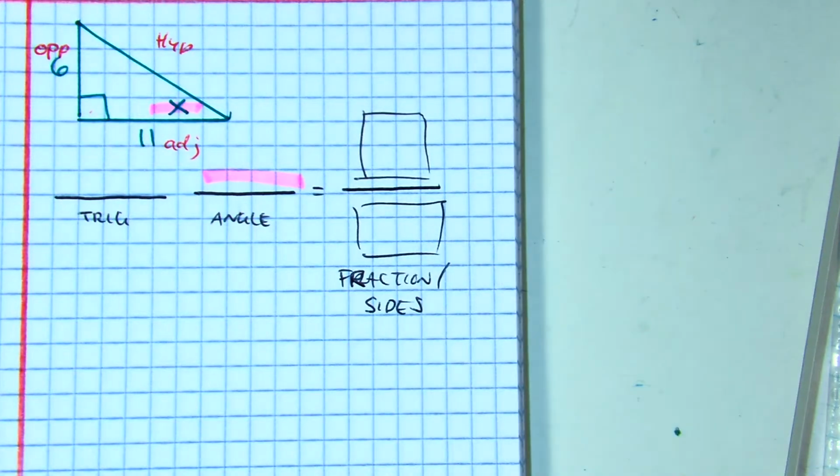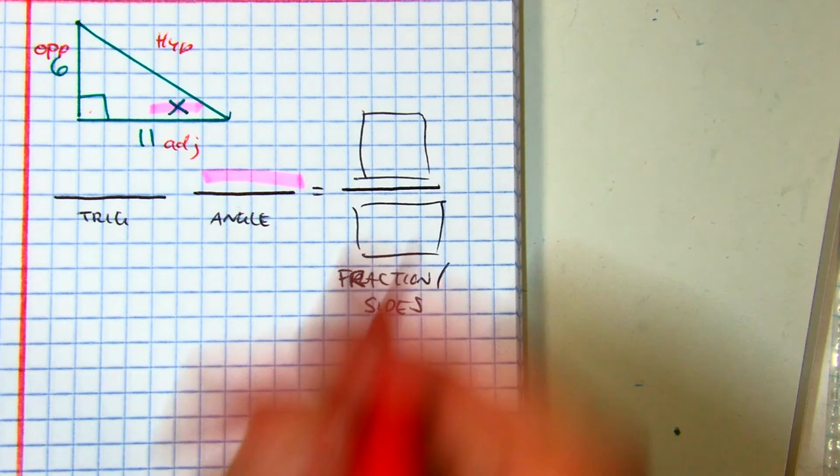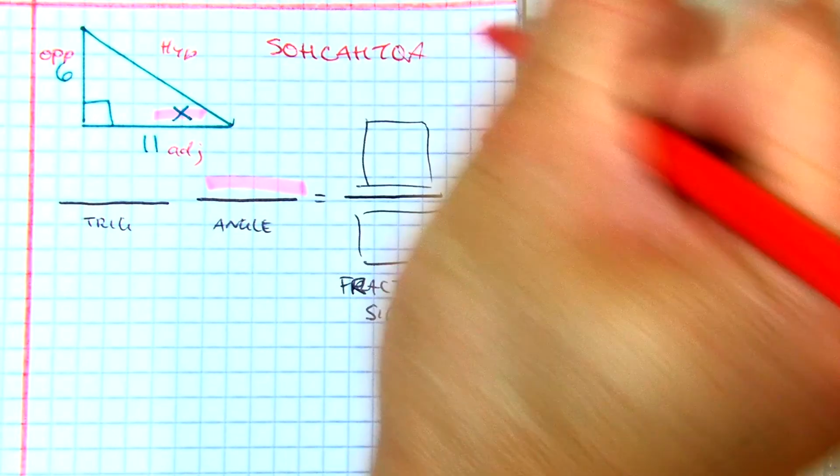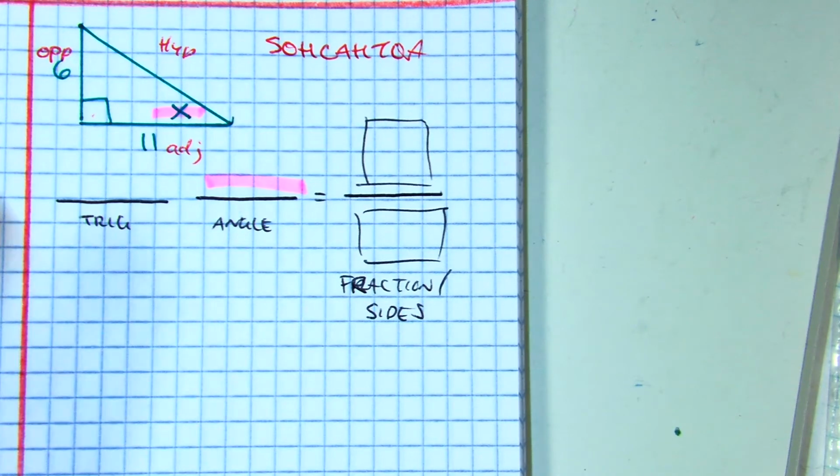Alonzo, what's a silly phrase for trig that can help us remember the trig ratios? Partner A, tell partner B, based on our triangle, which trig function do you think we're going to use?